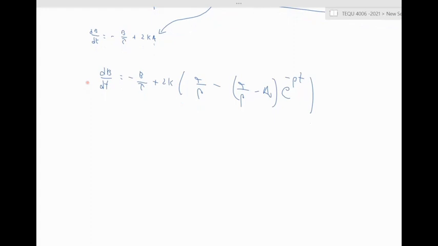All right, that will do. The question is, I have only one dependent variable, which is b, and everything else is a function of time. What will be the method to use here?